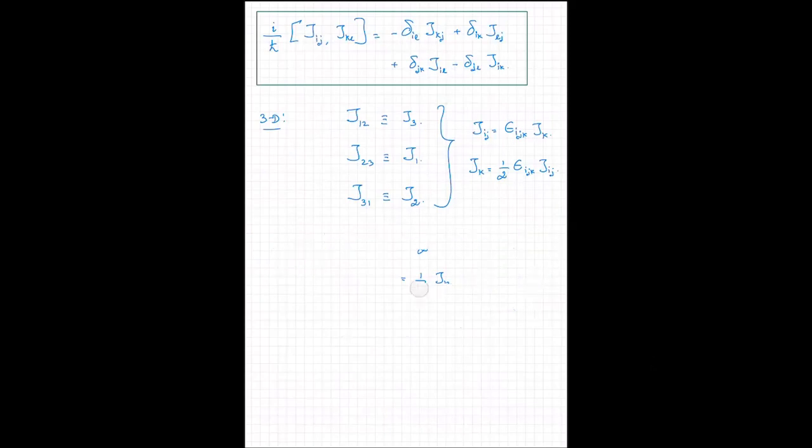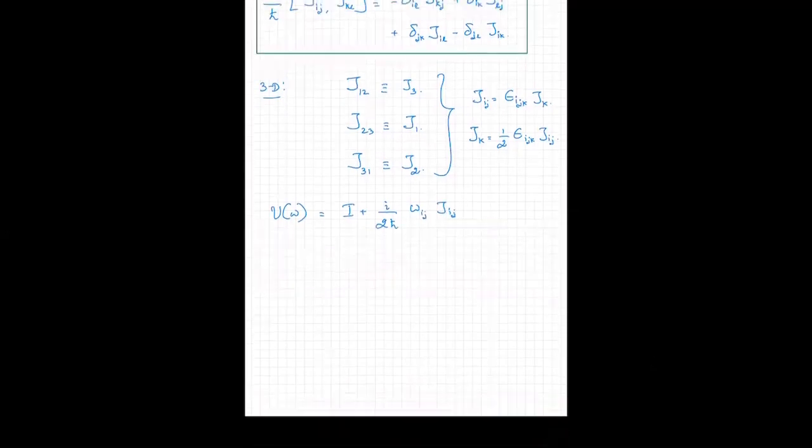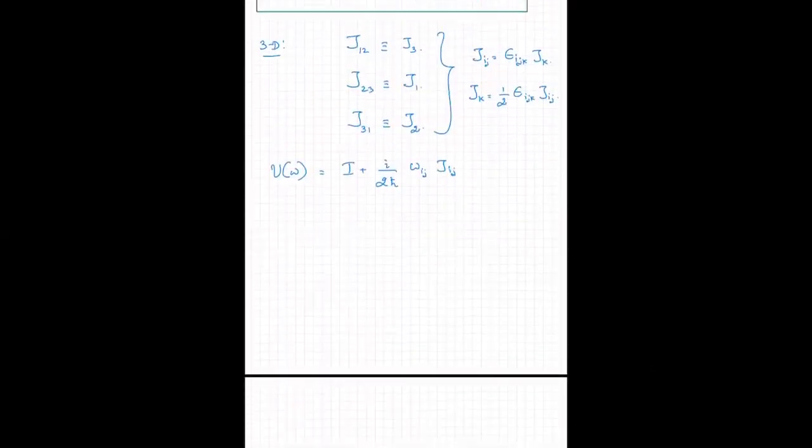So moving on. We will adopt the simplified notation in 3 dimensions where I will simply call J12 as J3, J23 as J1, and J31 as J2. Once I do that, what does my infinitesimal rotation become? This is equal to I plus i over 2 h bar omega_ij J_ij.